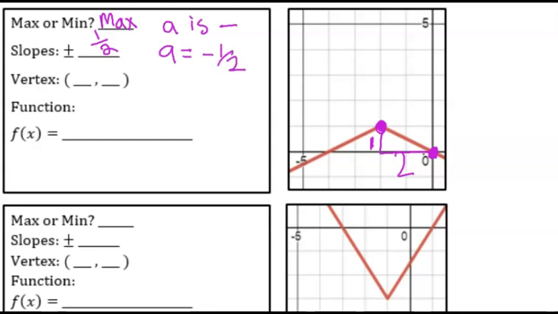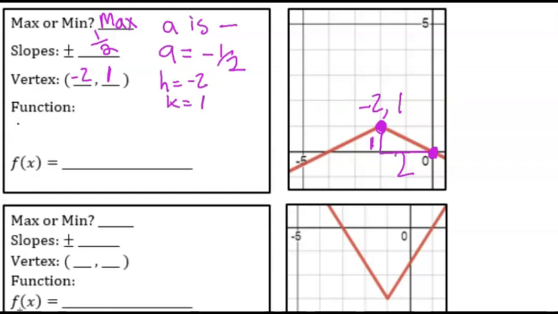Our vertex is -2, 1. That's our coordinate point for the vertex. So that means that H is -2 and K is 1.